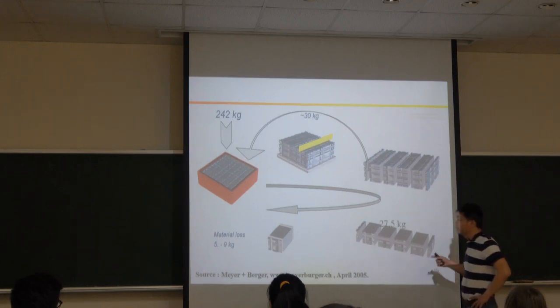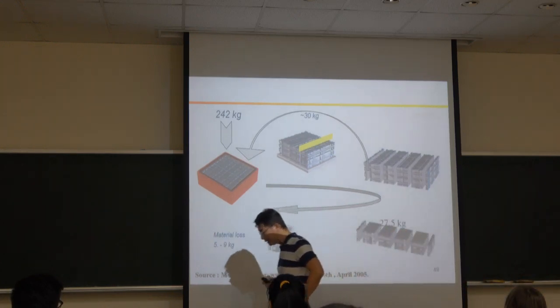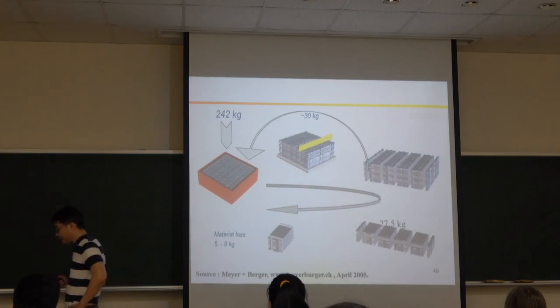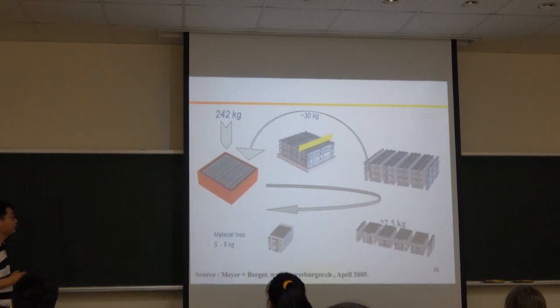So here is a slide showing that for polycrystalline, there is some lost silicon. For example, you have 242 kilos. This is the crucible, and surrounding the area of the crucible, the solidification rate is different, right?